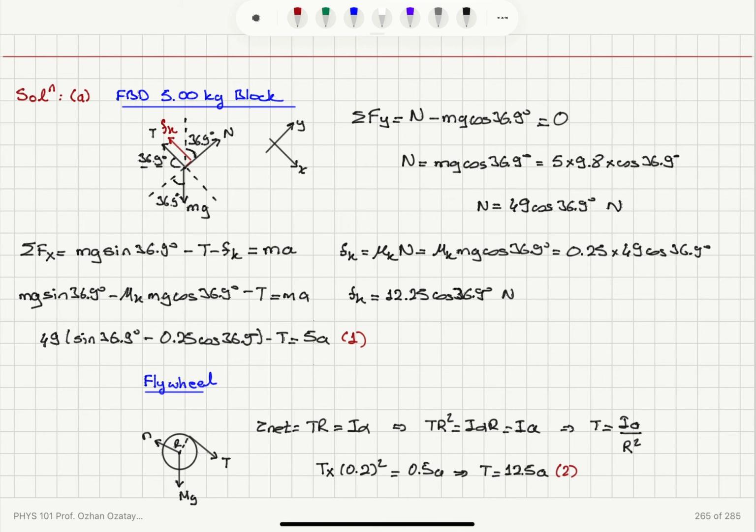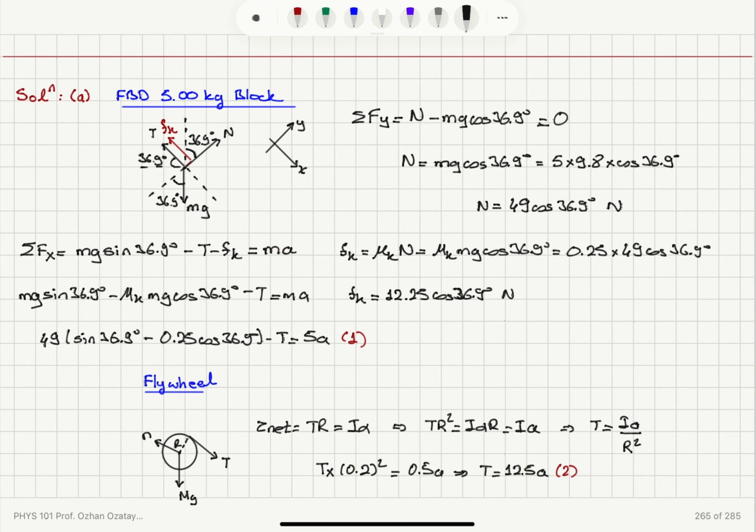So we have looked at the free body diagram of the 5 kilogram block. First, we write the equation on the y-axis, which is the axis normal to the inclined plane, and find the normal force. And mu k times the normal force is the magnitude of the kinetic friction, which is acting in a direction opposing the motion down the incline.